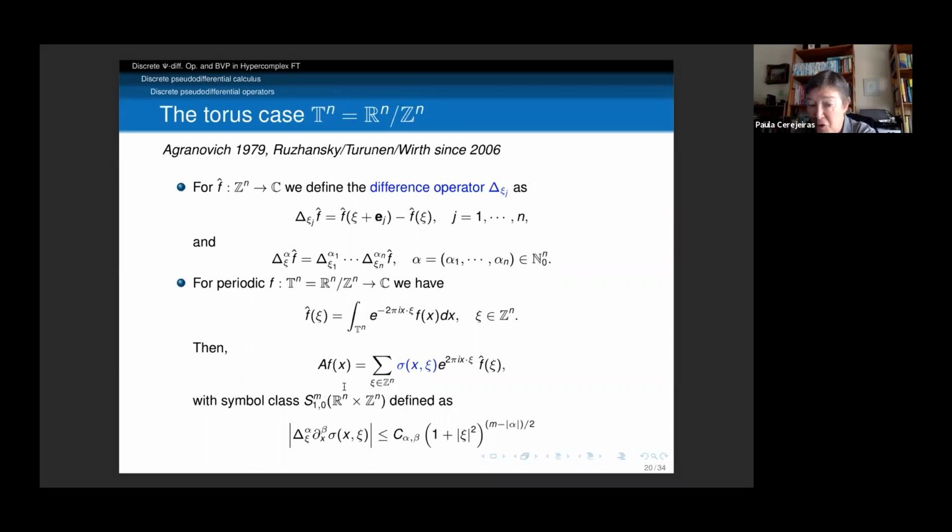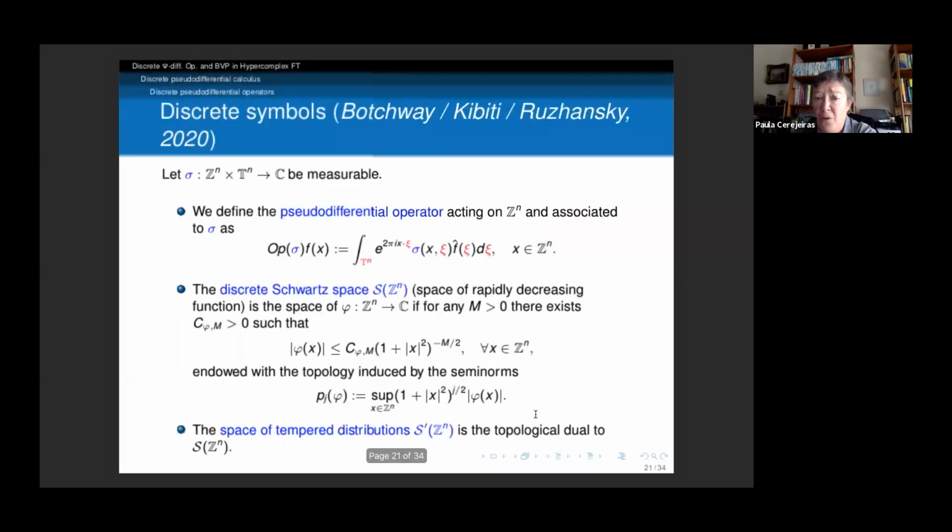So, of course, we are always interested in the class of 1, 0, but you can simply estimate the difference operators, powers of the difference operators, and powers of the derivative in the space by a certain decay of the function in the lattice.